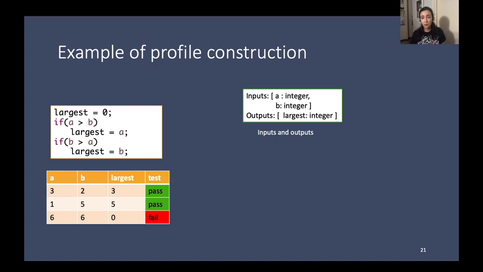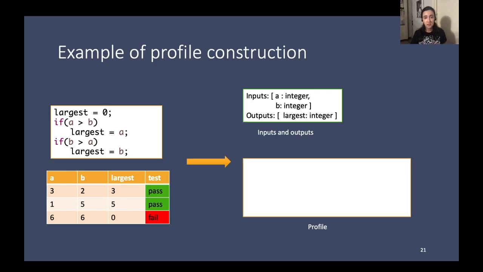Back to our example, let's assume using automated fault localization, we identified this buggy snippet of code. Then we need to create constraints based on the test cases that describe the expected behavior of this piece of code. These constraints, which we call the profile, look something like this.